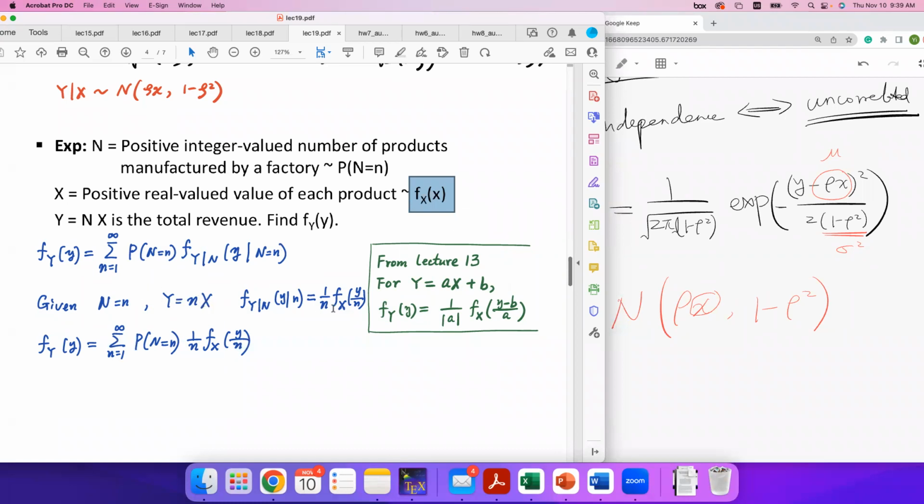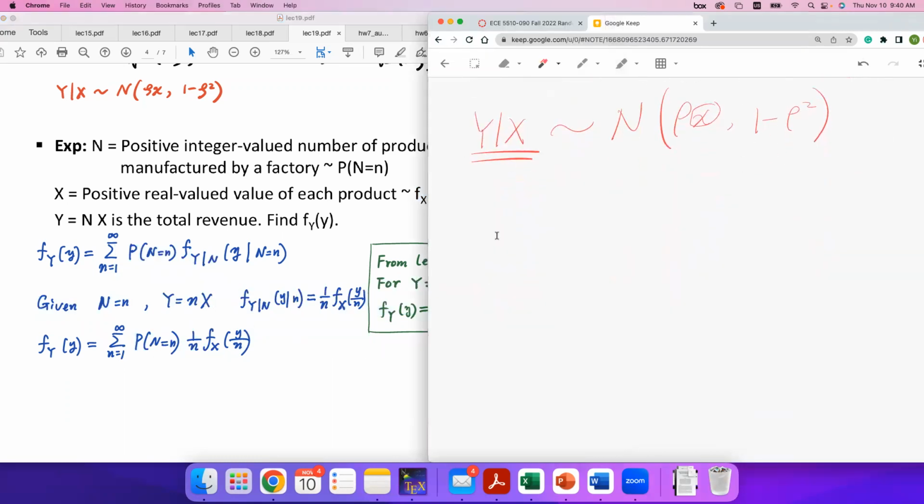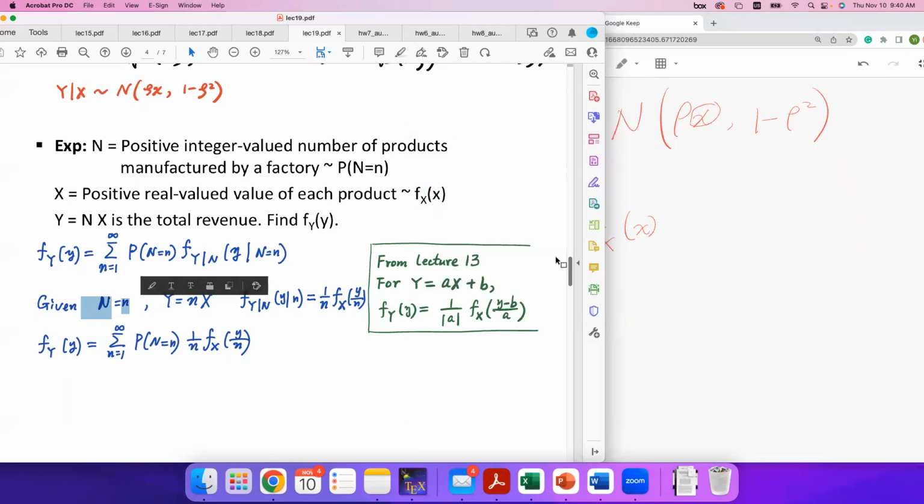So we can utilize the transformation, the functions of random variables, computing the PDF of a function of random variables that we learned in the previous lectures, to compute the PDF of y. Right. So here we have x following this PDF, and then condition on this case.